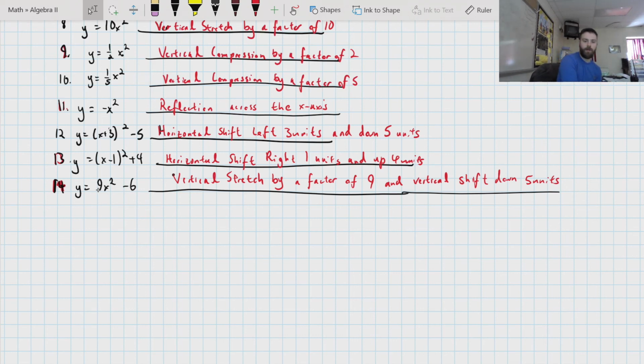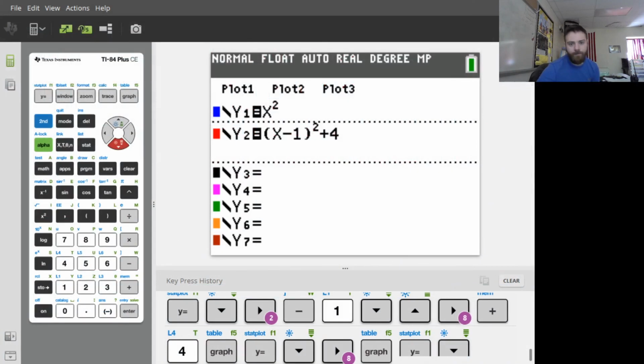So I know it's going to look like the parabola, so that quadratic function. It's going to open up. My a term is positive, so that's going to be important later if you haven't already learned that. And then I know it's going to stretch by a factor of 9 and shift down 6 units. So if I go to this graphing calculator, I'm going to type it in.